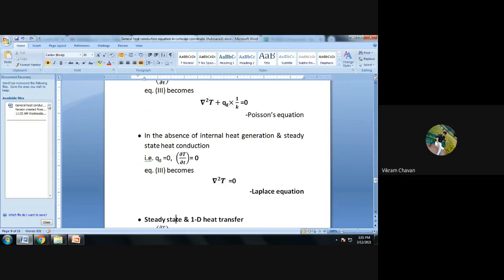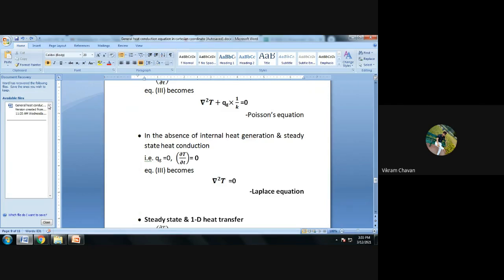Remember the condition for the Fourier equation. The condition is no internal heat generation. In that case, the equation is called a Fourier equation. For the Poisson's equation, steady state heat conduction. In that case, the equation is called a Poisson's equation.